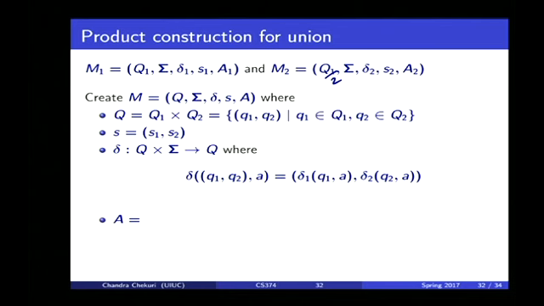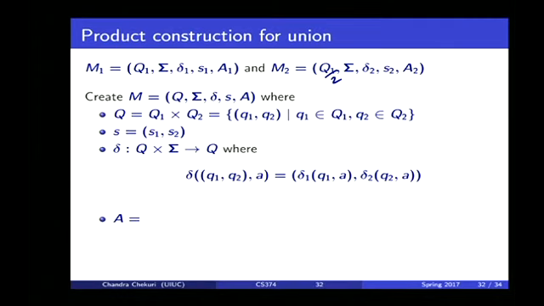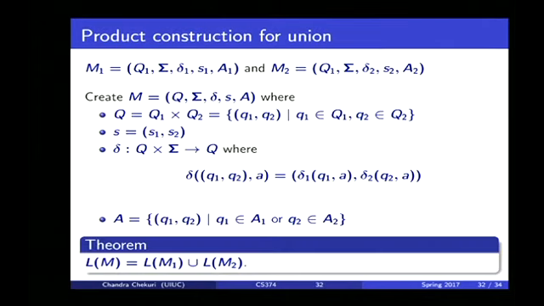So we can do it that way. That's one way of writing it. This is all tuples, all states, such that at least one of them is an accepting state for its machine.